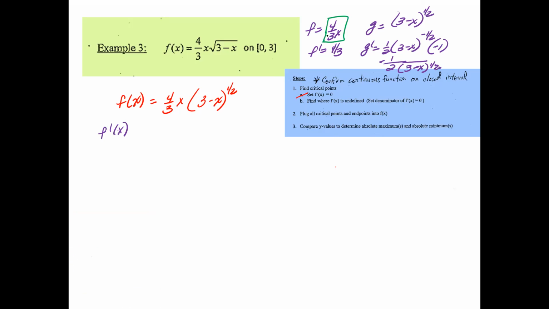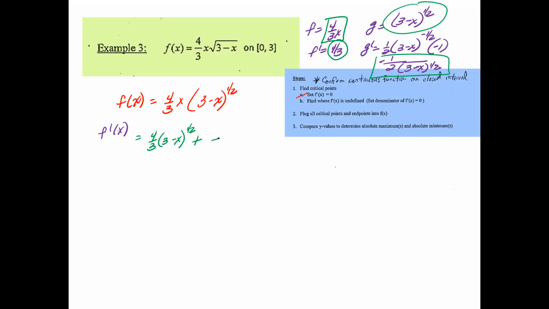So then f prime of x is going to be f prime times g, which is equal to 4/3 times 3 minus x to the 1/2, plus f times g prime.